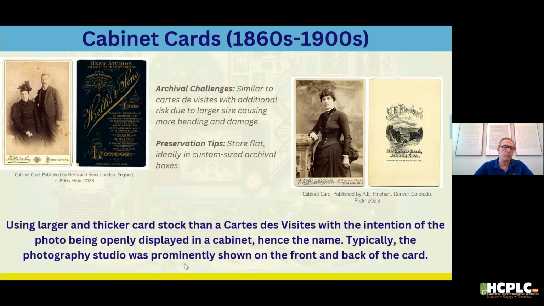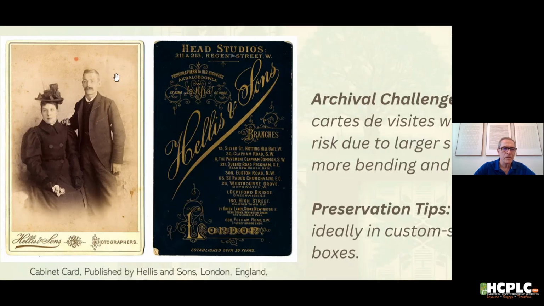And part of the richness of these photographs is that the studio would often emboss the back of the card and emboss the bottom of the photograph. So we can see the images here. This is a typical cabinet card with a beautiful embossing on the back of it, saying where it was taken, and at the bottom here.